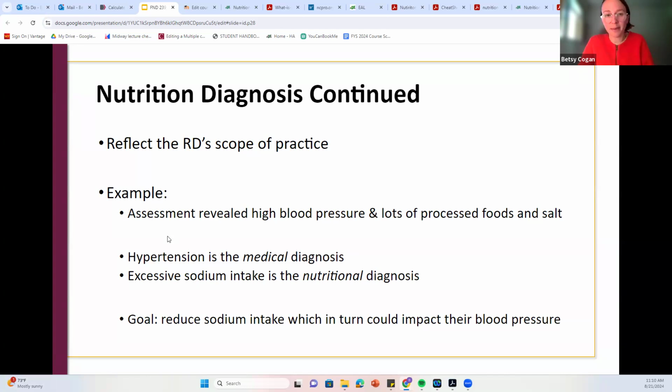So do we have a lot of influence over that as dietitians? Maybe not. But as dietitians, maybe we can influence how much sodium they're taking in, which ultimately may help with their medical diagnosis of hypertension. So instead of identifying hypertension in our diagnosis, we may diagnose that patient with excessive sodium intake, right? That's a nutritional diagnosis. It's within our scope to intervene on that.